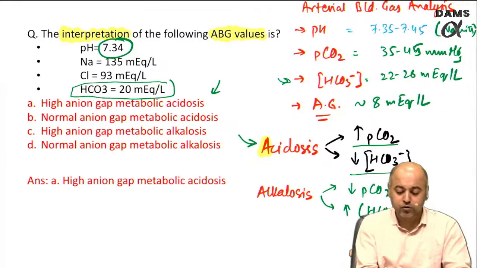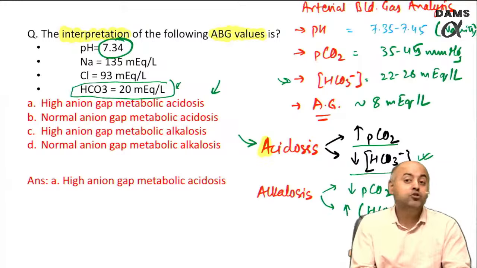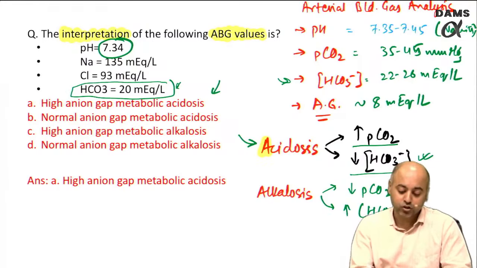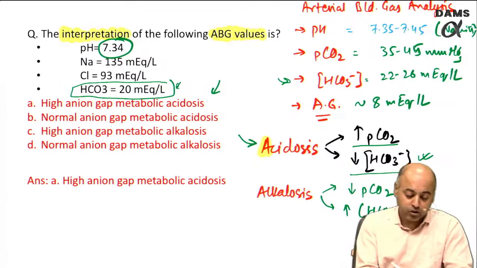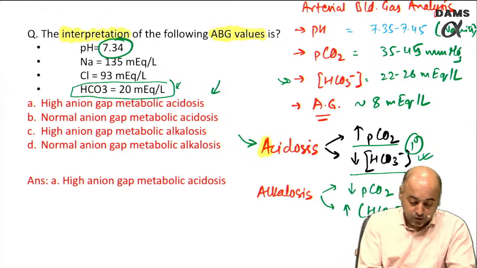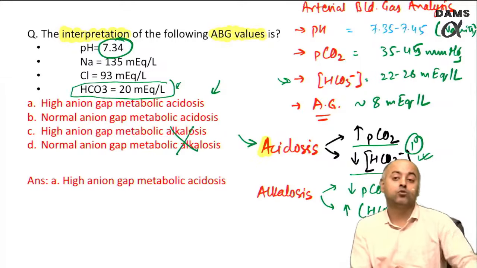Normal value is 22 to 26 milliequivalent per liter, and here the value is 20, so it is low. That means your primary diagnosis is identified, the condition which is matching your prediction. That means we are looking at metabolic acidosis. So alkalosis parts you can delete. We are looking at metabolic acidosis, right?